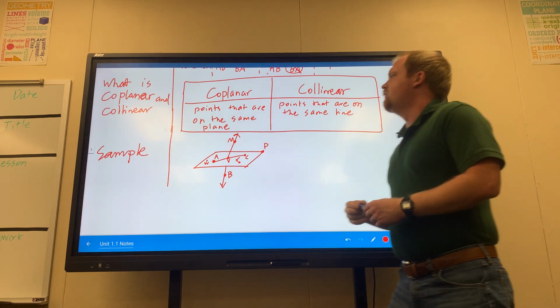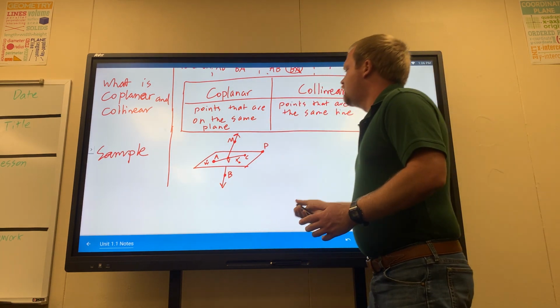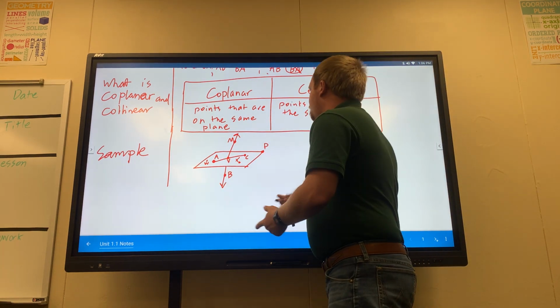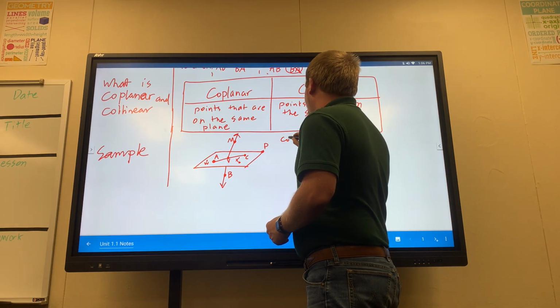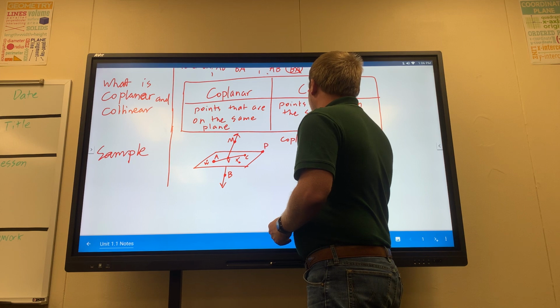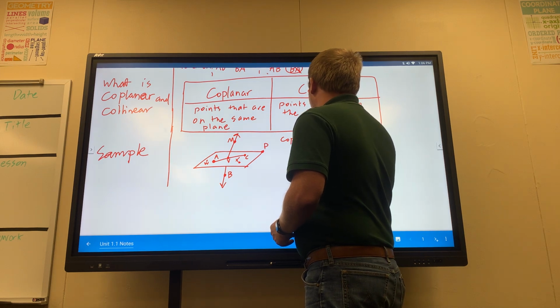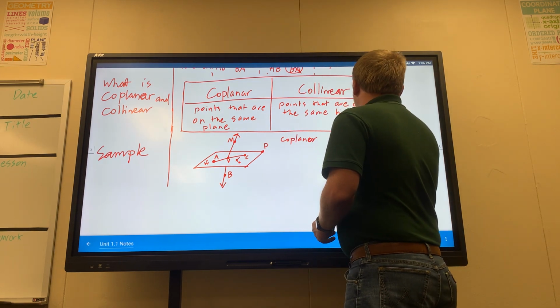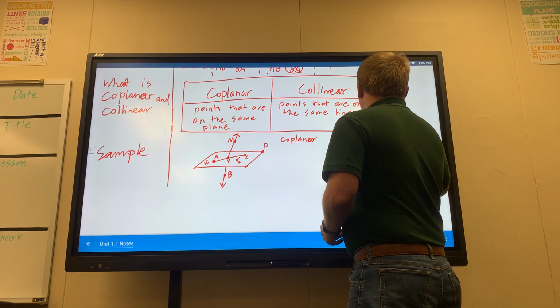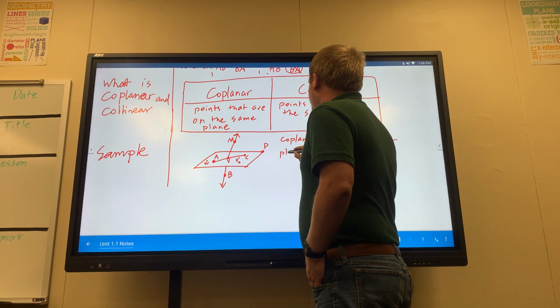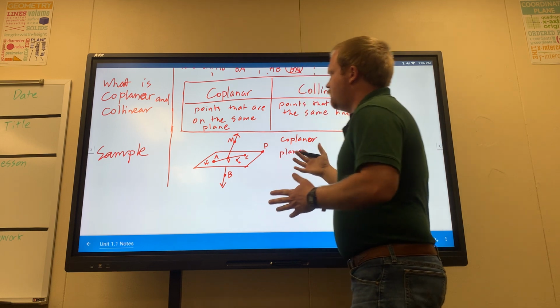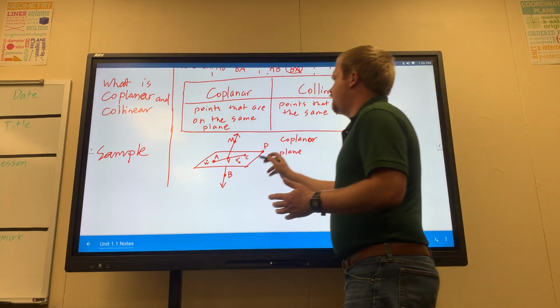Okay? Now, just a sample down here, I want y'all to identify coplanar, and collinear. So for example, plane, and again, it could be any sort of letter, just as long as it's on the plane.